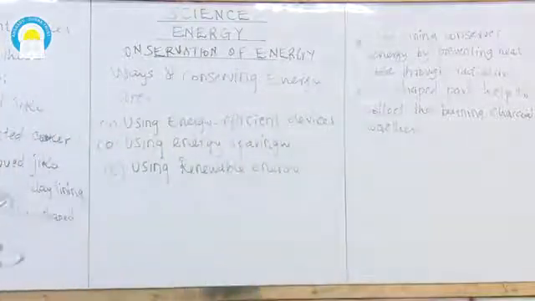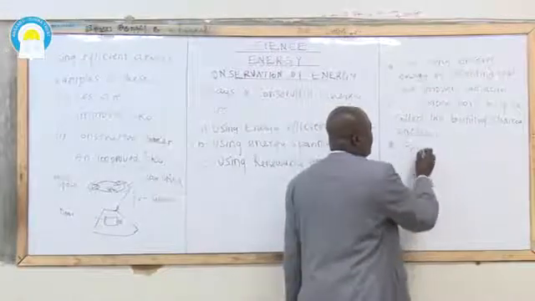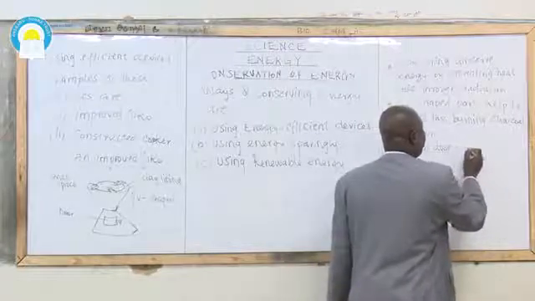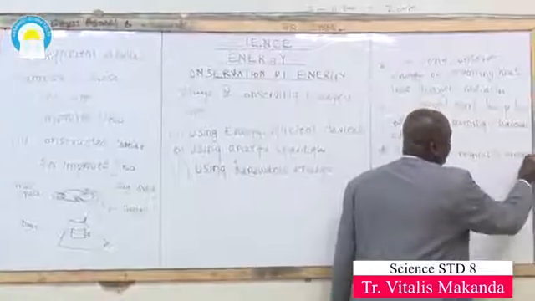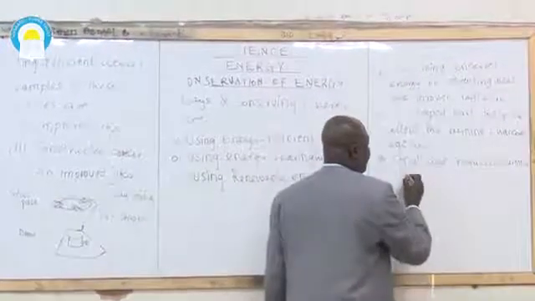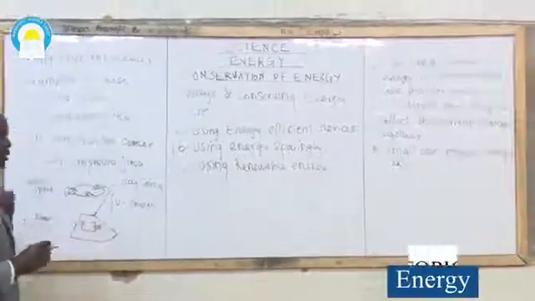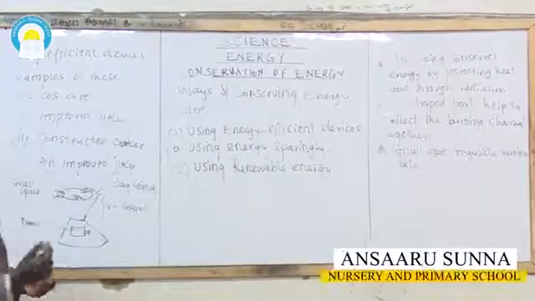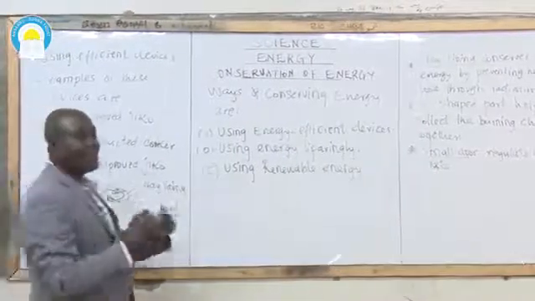Also, there is the small door, or vent, which is there to regulate the burning rate. For instance, if you want the burning to go on very fast, you open the door so that air can enter and burning happens very fast, therefore giving more heat. But if you want to reduce the burning rate of the charcoal, you close it so that the burning reduces.